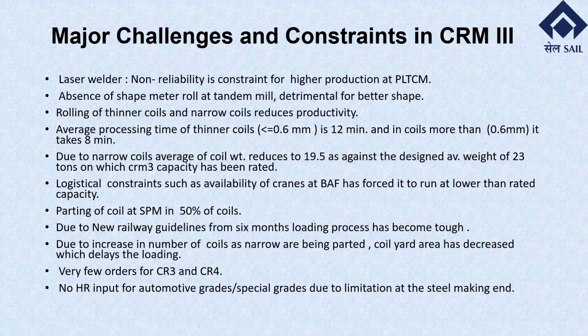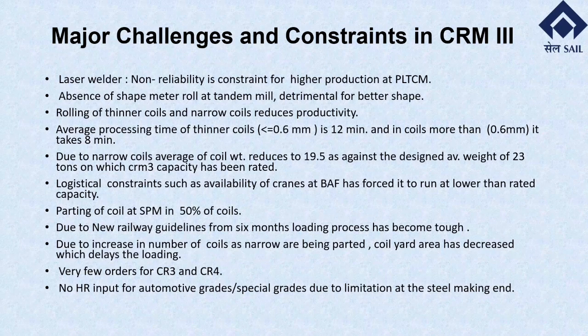Then we have the other constraint I was talking about, the thinner coils. Parichya will give an elaborate analysis about thinner coils and how they reduce the productivity of our mill, and we are not able to achieve the rated capacity because of that.